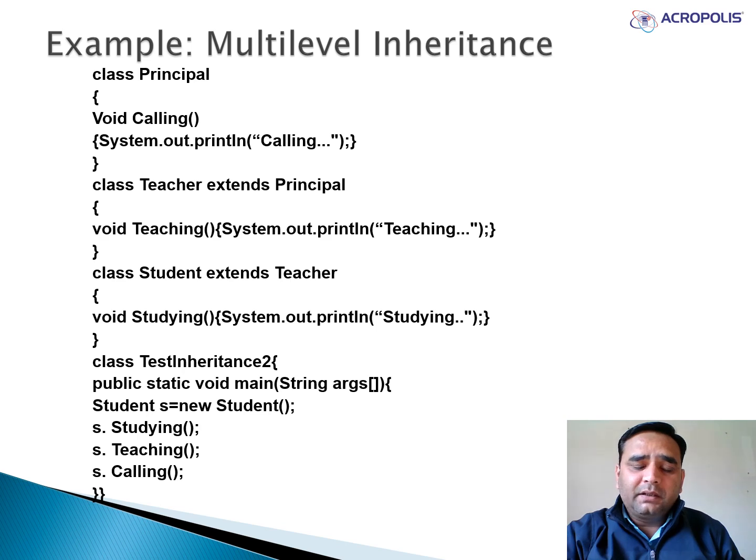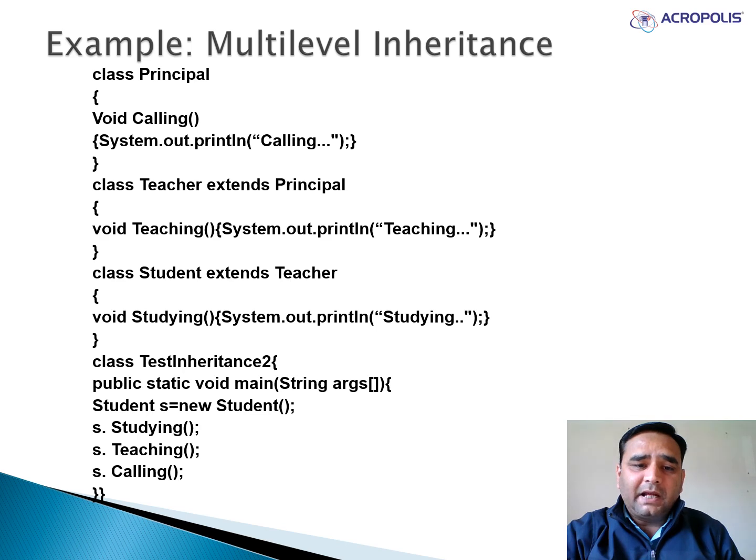Similarly, this is the example of multi-level inheritance. In this multi-level inheritance, we have extended the levels by one more level, and here we also have a student class. So we have a principal class, a teacher class, and a student class.